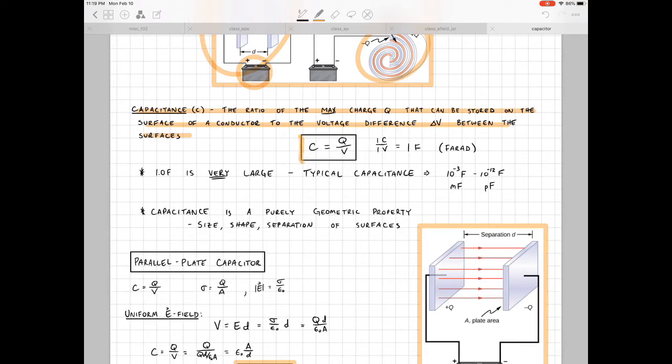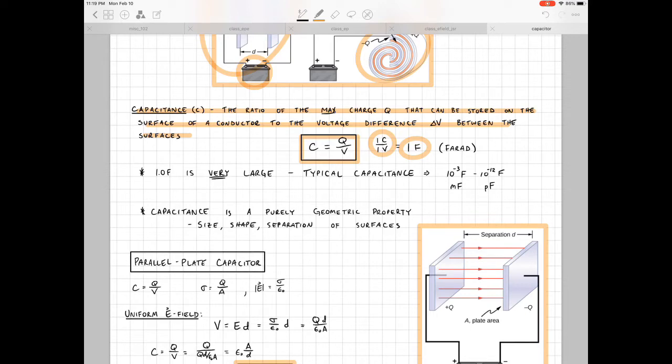So this is known as the capacitance, the ratio of Q to V. The book uses V here, but really what they're referring to is delta V, the voltage difference between the two plates. And capacitance is in units of coulombs per volt, which is known as a farad, named after Michael Faraday, who was one of the pioneers in studying electromagnetism.